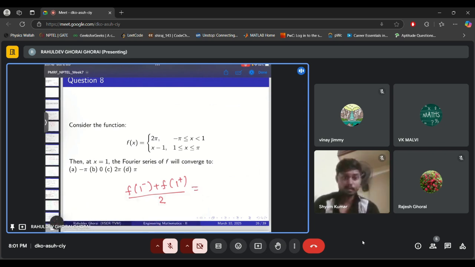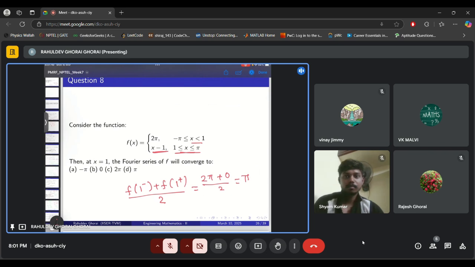So that is a formula. And then what is f of 1 minus? At 1 minus here it will be 2 pi. At 1 plus here, it is x minus 1, so at 1 it will be 0. So the Fourier series of the function will converge to pi at x equal to 1.